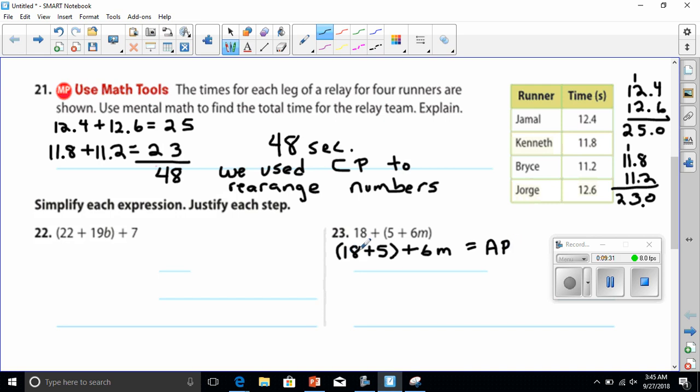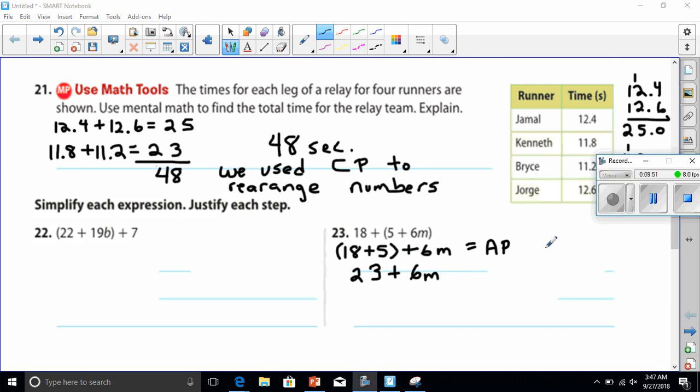So let's solve that. Well, 18 plus 5 is going to give me 23. And 23 plus 6m is our new term. And that will be my final answer. There's really nothing to do from here because I can't combine these.